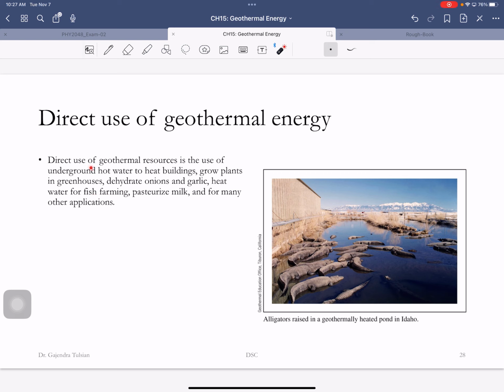Okay, so direct use of geothermal resources is the use of underground hot water to heat buildings, grow plants in greenhouses, dehydrate onions and garlic, heat water for fish farming, pasteurize milk, and for many other applications.